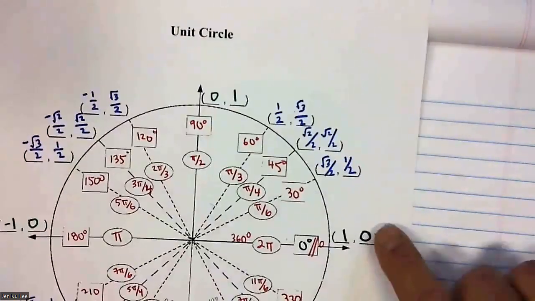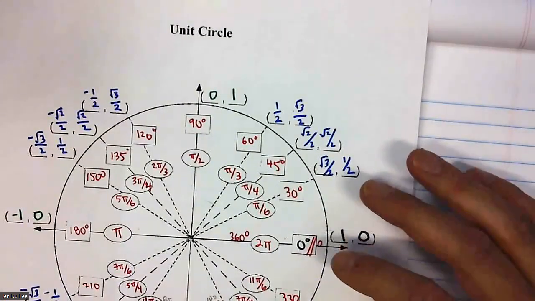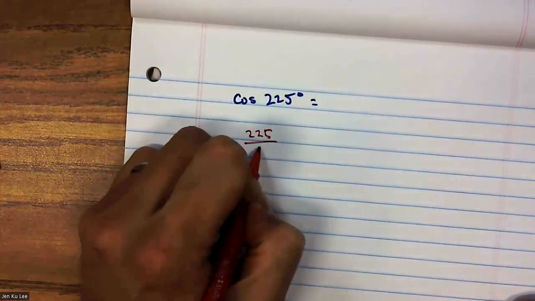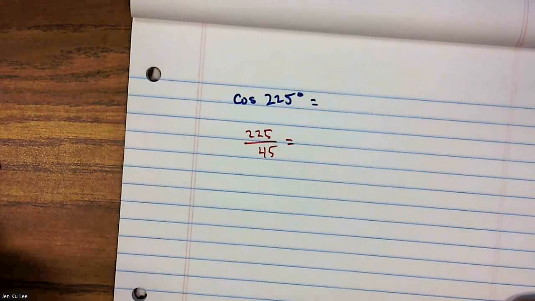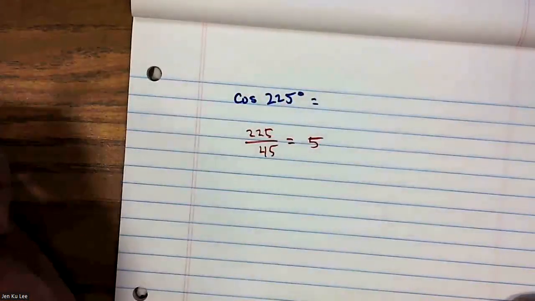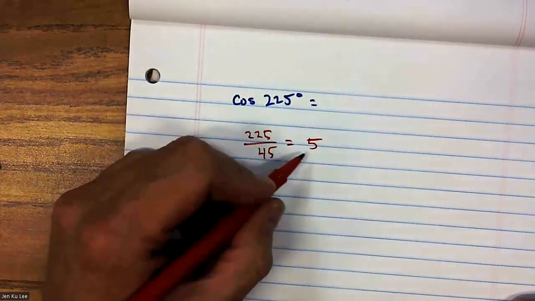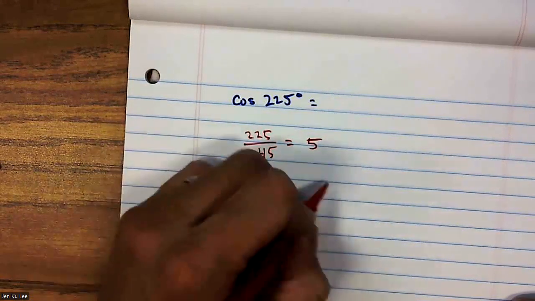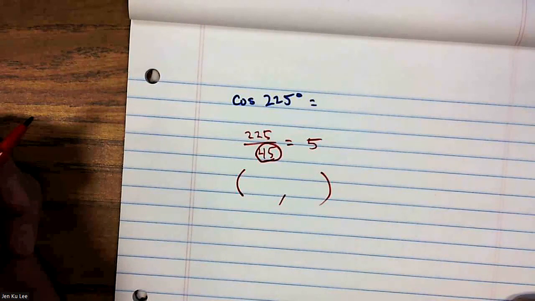So if I use that for this question, cosine of 225, well, this would be my train of thought. Well, 225 divided by 45 is 5, right? So this is actually 5 45s. Okay. So I know my coordinate is going to be a reference angle of 45, right?